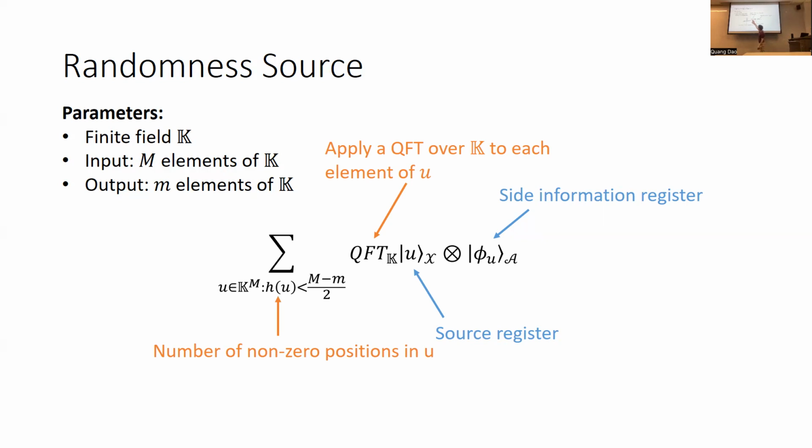So this QFT is just transforming U to be in the Fourier basis, and we require that U is almost zero in the sense that very few of its positions are non-zero. In particular, it should have big M minus little m over 2 positions which are non-zero.